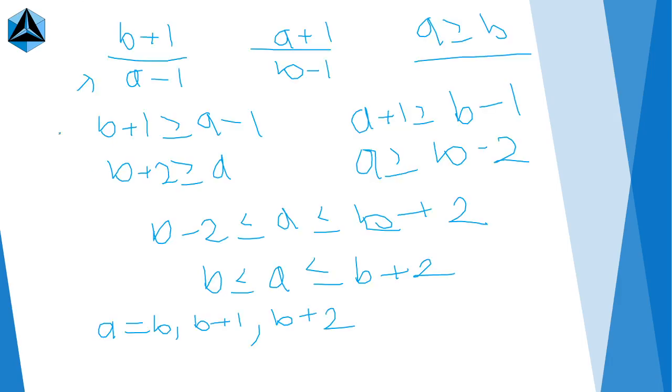Moving on. Remember that our fractions were b plus 1 over a minus 1 and a plus 1 over b minus 1. So let's solve this for the a equals b case.